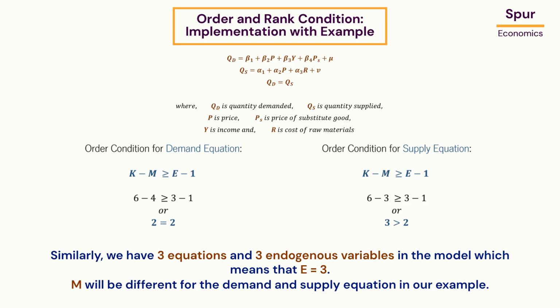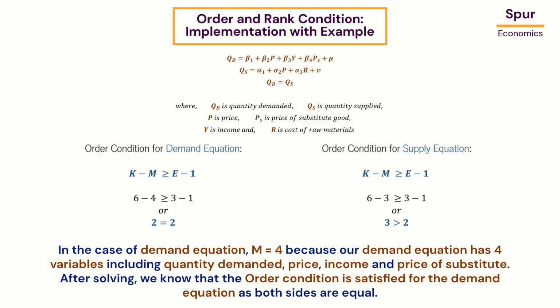M will be different for the demand and supply equation in our example. In the case of demand equation, M is equal to 4 because our demand equation has 4 variables including quantity demanded, price, income, and price of substitute. After solving, we know that the order condition is satisfied for the demand equation as both sides are equal.